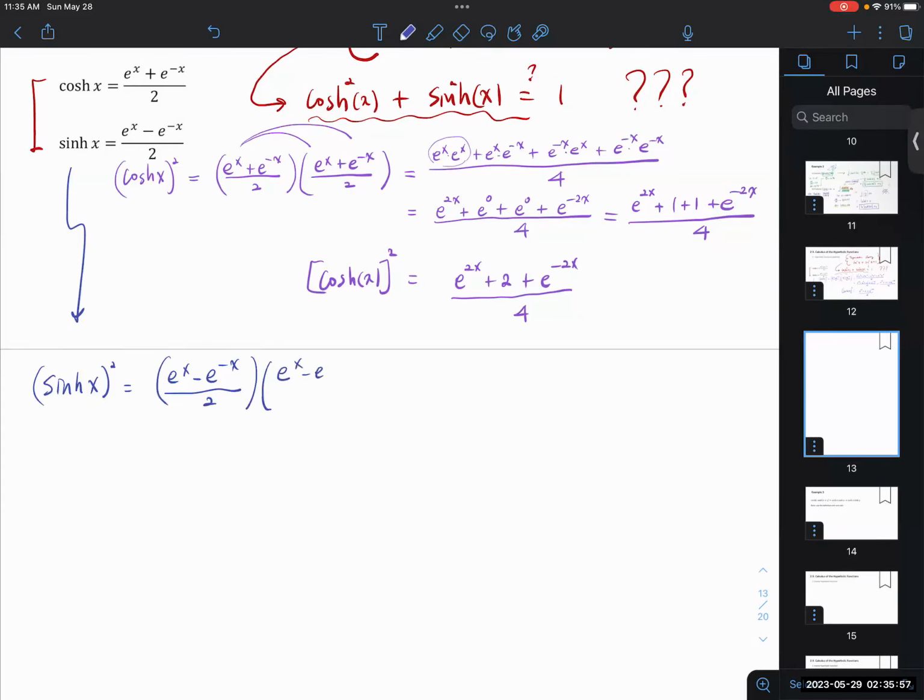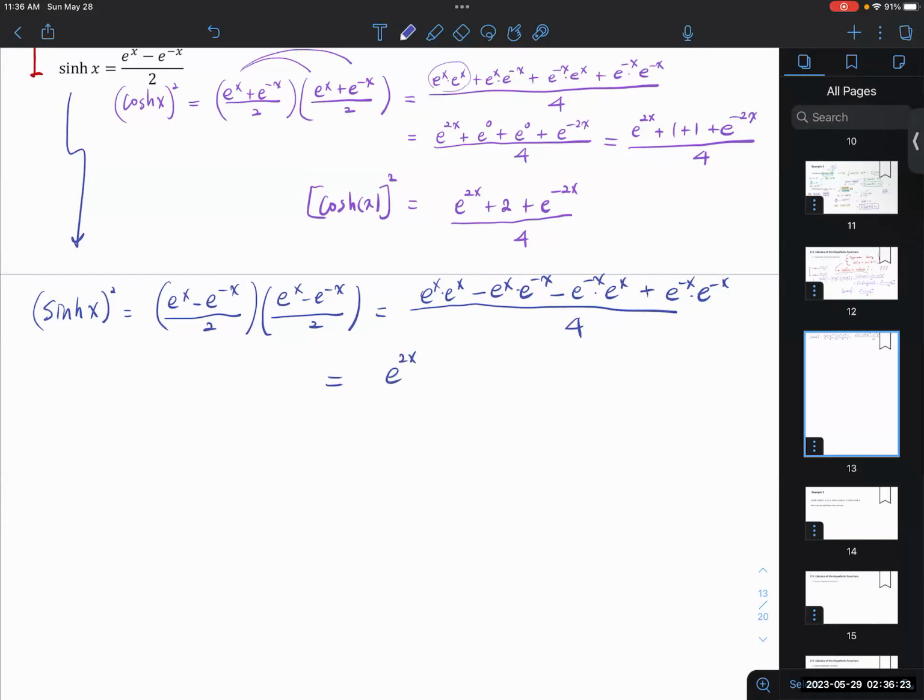So again, we're going to do all the rainbow. e to the x times e to the x, minus e to the x times e to the negative x, minus e to the negative x times e to the x, negative changes to positive, e to the negative x times e to the negative x, over 4. We good? So that would be e to the 2x minus e to the 0, x minus x is 0, minus again e to the 0, plus e to the negative 2x over 4.